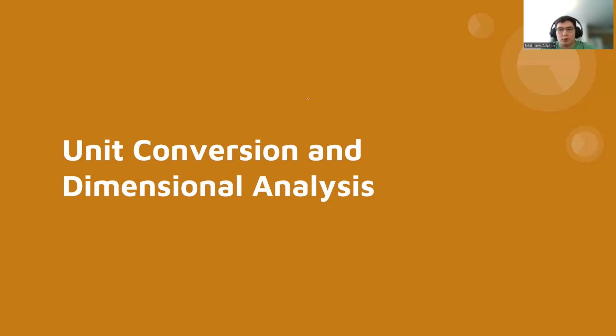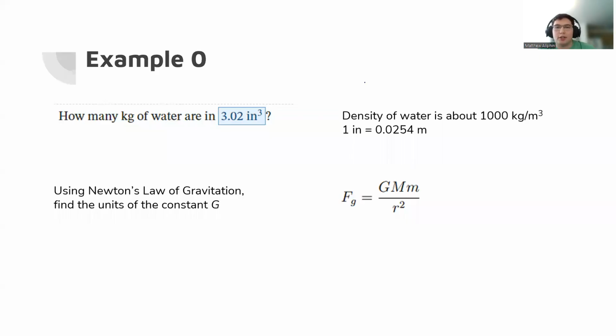And so we're going to start first with unit conversions and dimensional analysis because those two things are really important. And I don't know if he talked about it really in class, but this first example has to deal with just unit conversions, right? And it just asks how many kilograms of water are in 3.02 inches cubed of water.